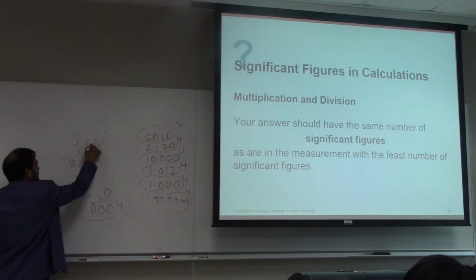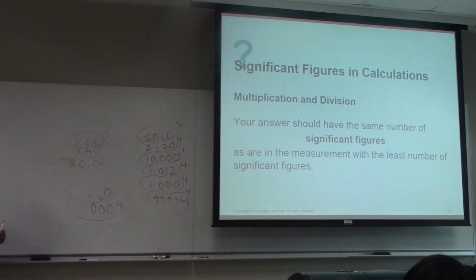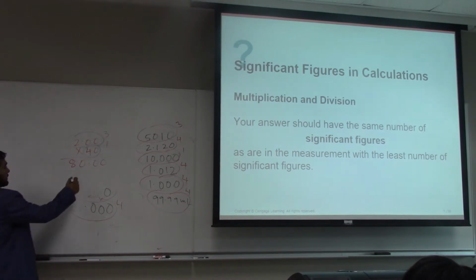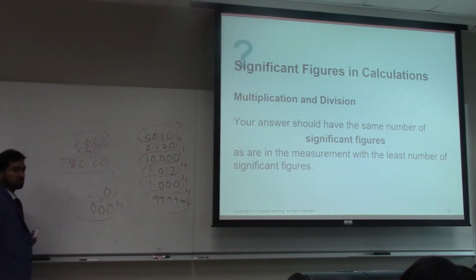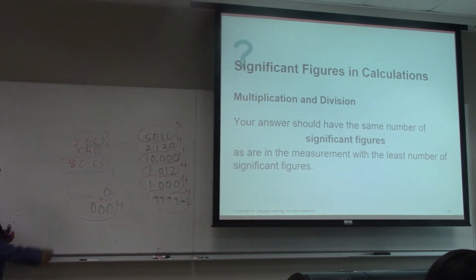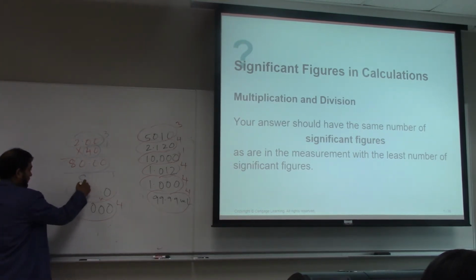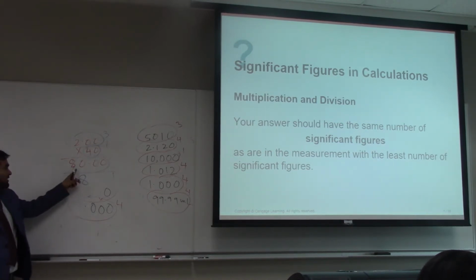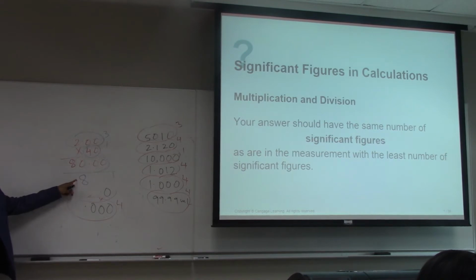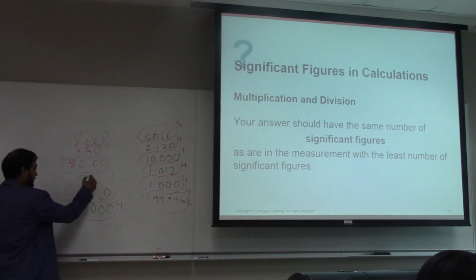How many sig figures do you have in here? 1. Right? You only have 1 sig figure. That's why the answer also has to have 1 sig figure, which is only 8. But that's a big question. If 8, then the answer is not right. Right? Then you make it 10.